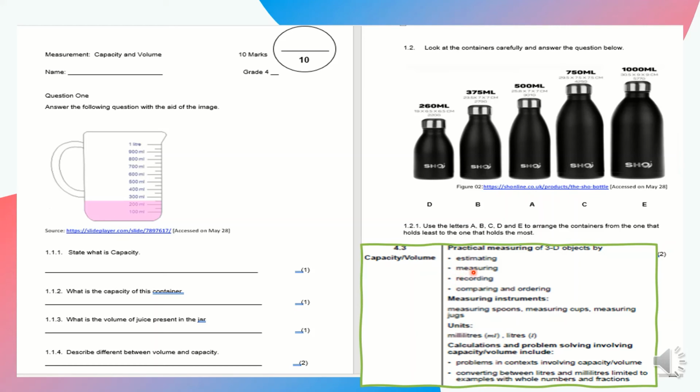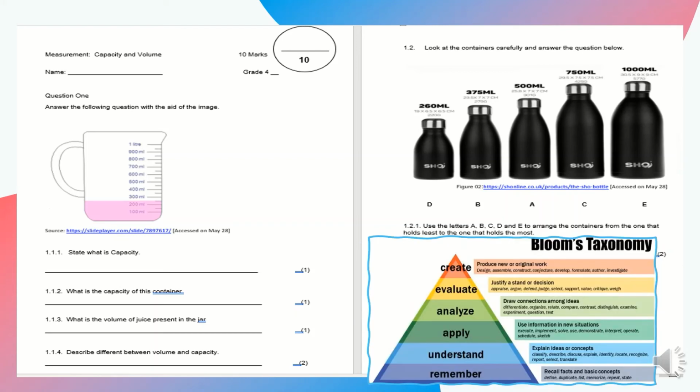So we've done measuring, recording, we've done comparing and ordering, asking them to put the least to the biggest. That's comparing and ordering, and we have used measuring instruments, in this case measuring jars. We've used the units. Now the second part of the worksheet, oh wait, let's finish up with Bloom's first.